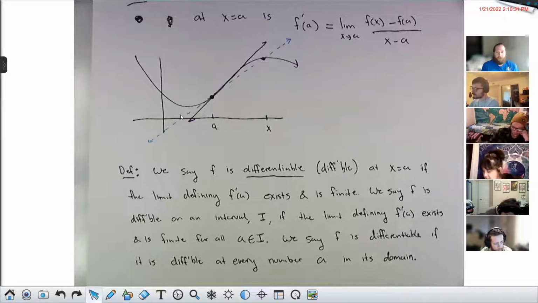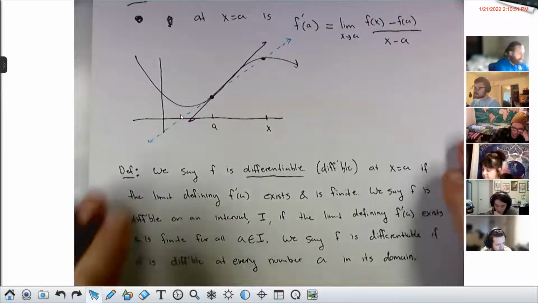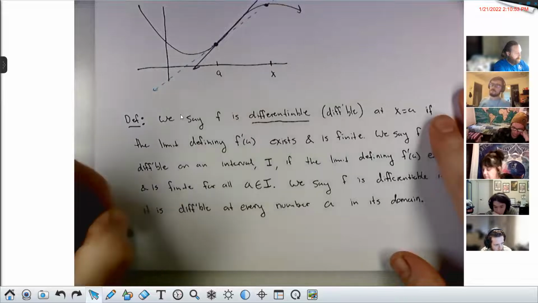And then just be mindful that differentiability is a smoothness condition, and it is a strictly more intense smoothness condition than continuity. So it is possible to be continuous but not be differentiable. But the turnaround is not true. If you're differentiable, you're automatically continuous. And in fact, that theorem is what I'd like to share with you right away.